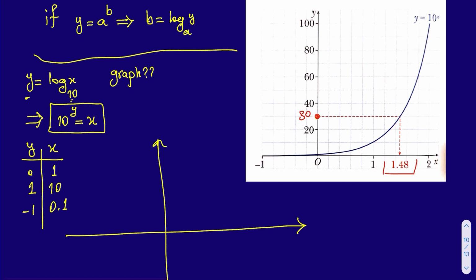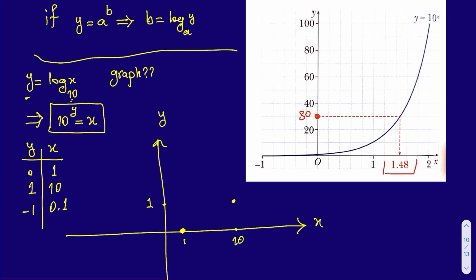plot the graph. So this is x and here is y, the coordinate axis. The first ordered pair is x is 1 and y is 0. So here is the first ordered pair. And then the next one, x is 10 and y is 1.